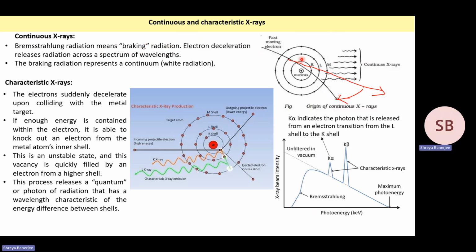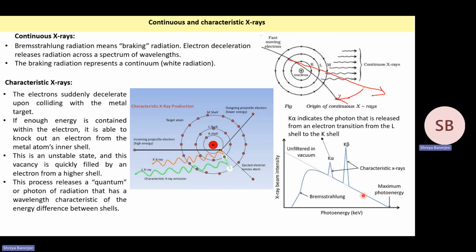This is formed when the electron moves through the atom of the anode, and there is a loss in acceleration of the electron, leading to release of radiation across a large spectrum of wavelengths, that is a large range of energies. So this Bremsstrahlung radiation or continuous X-rays represent a continuum.